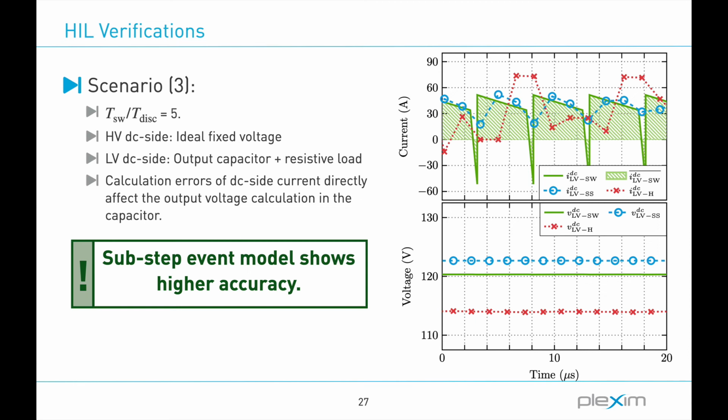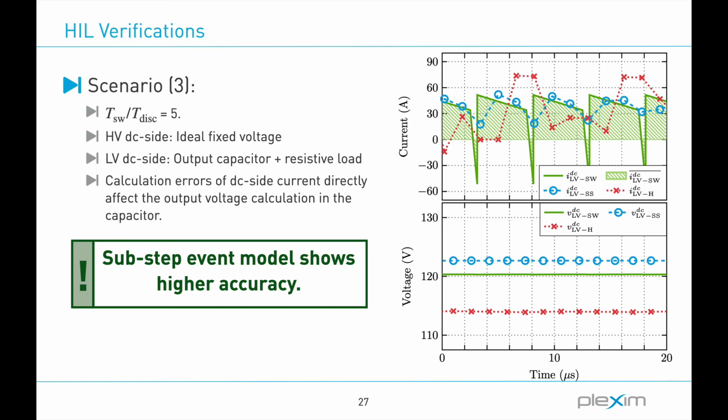When we increase the switching frequency to 100 kHz, then one can clearly see that the issue with the standard hybrid model is apparent. The DC side currents are completely off, and it is merely a coincidence that the DC voltages are only around 6% off the reference simulation.